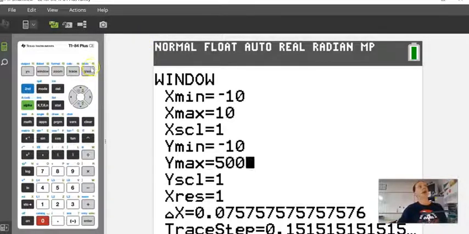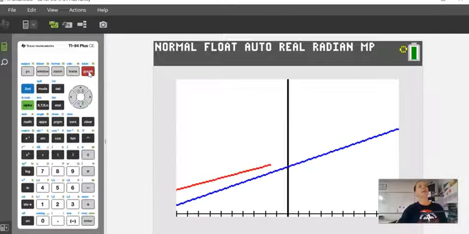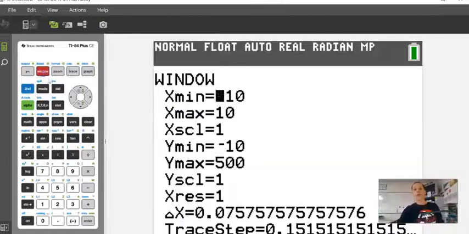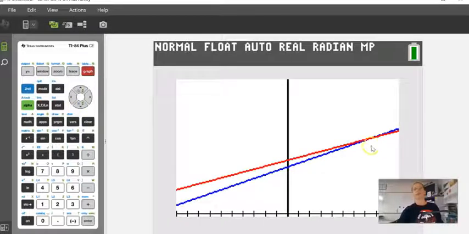Press graph, and we want to see if we can see where the two lines intersect. If you don't see it in the window, go back into window and make your numbers bigger so that you can see where they intersect. This graph needs to show both lines and where they cross, because where they cross is going to be the answer here. To figure out what this point is, we need to go into calc, which is right here, above where it says trace.